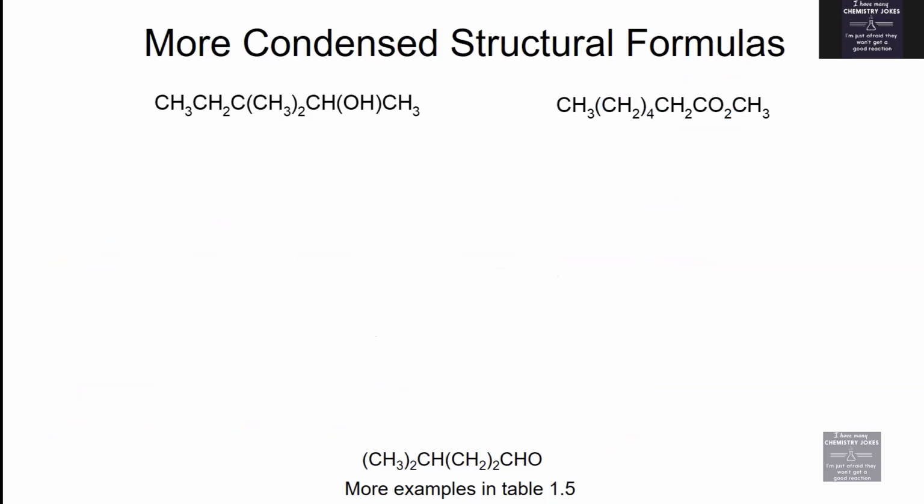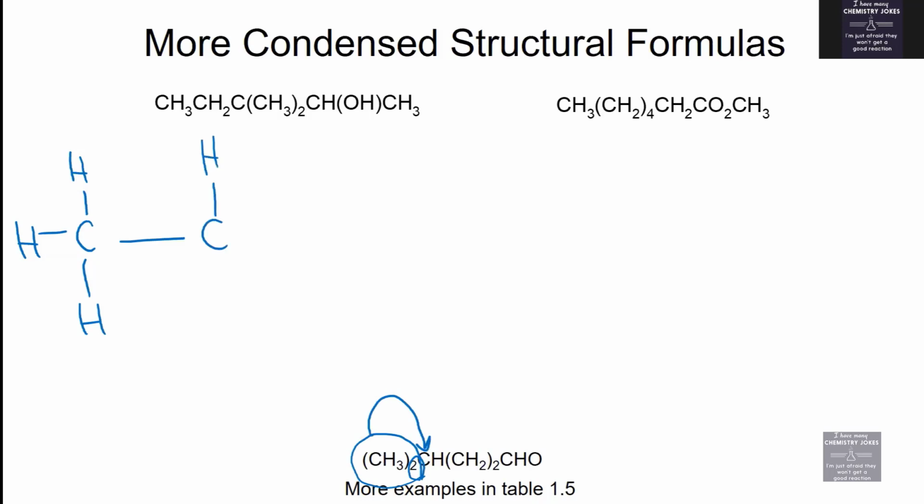And finally, to my last example on this page, CH3, CH3 2? How does that work? Well, really, this set of parentheses tells me these 2 CH3s are connected to the next thing in the line. So there's a CH that has 2 CH3s connected to it.